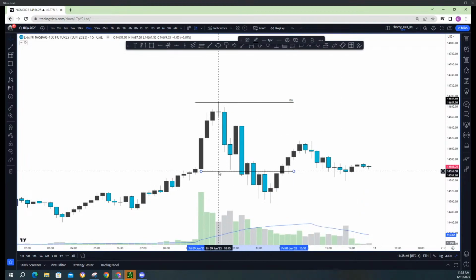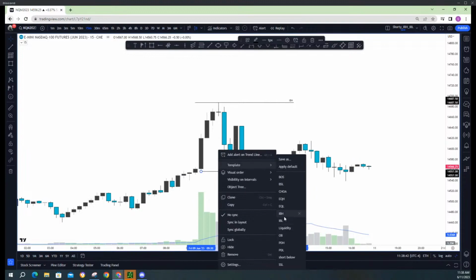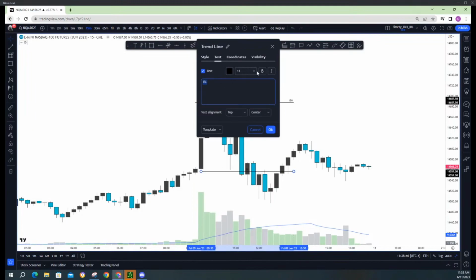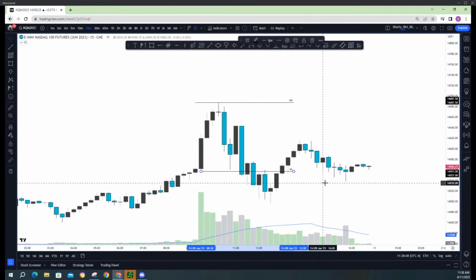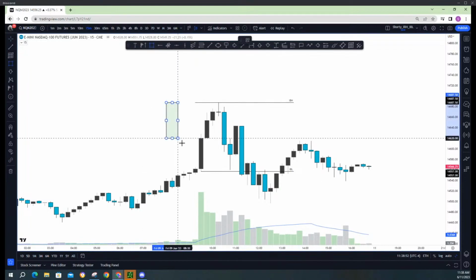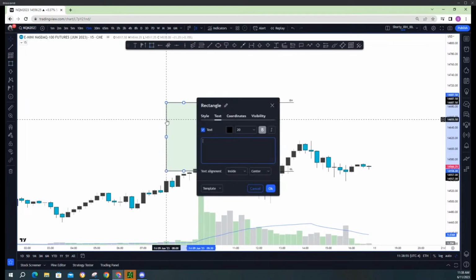I'll cover this concept so everybody understands it, or reiterate it for people that have been through this. So this is the 1 hour balance. That's what this represents. So within an hour, this is where we traded the 1 hour balance.